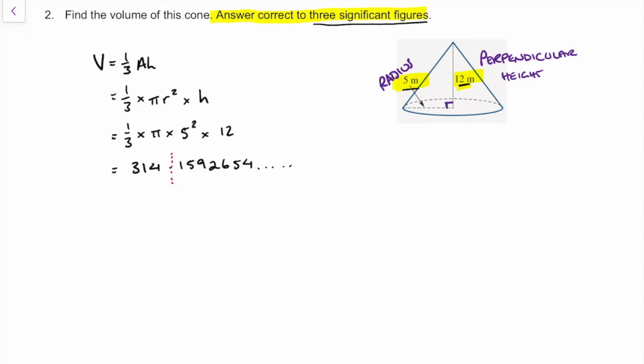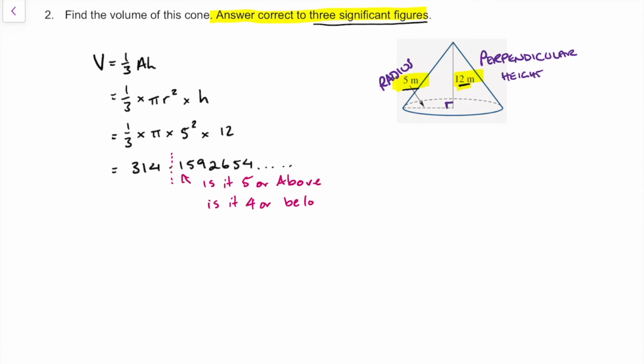So we cut off our first 3. We look at this number here. We ask our 2 questions, because this is still in terms of the base 10 number. So we're still using 5 as our halfway point. Is it 5 or above? Is it 4 or below?